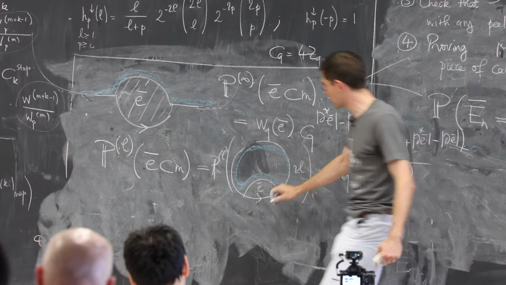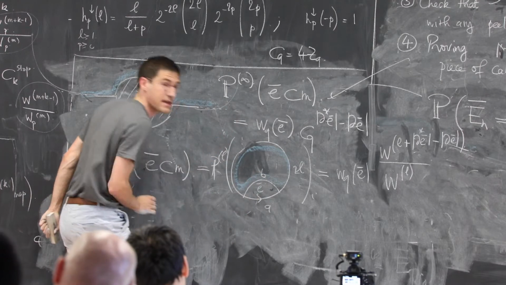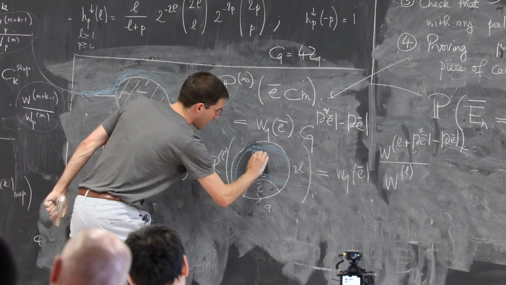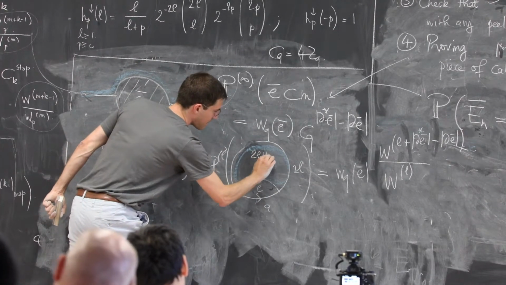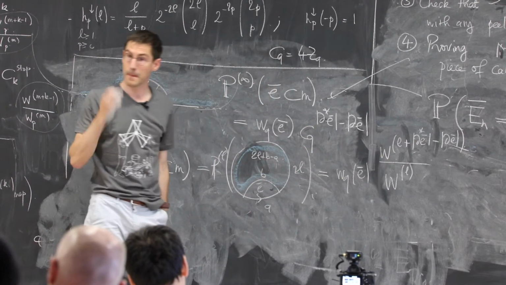Because if I started with a boundary of size 2L, and if this is A and this is B, then here I have 2L plus B minus A. So it's exactly this. Right?